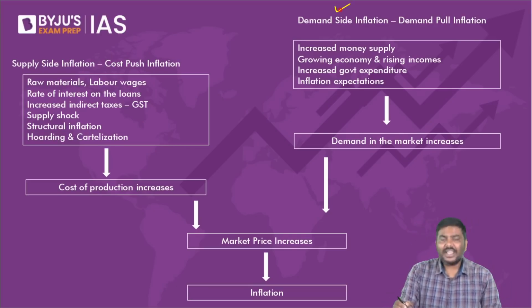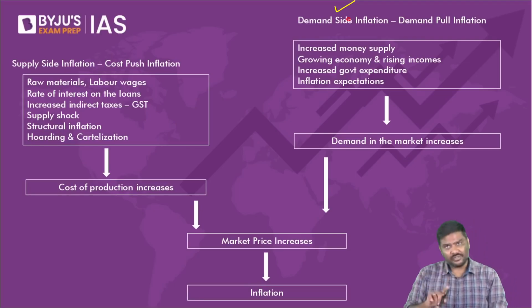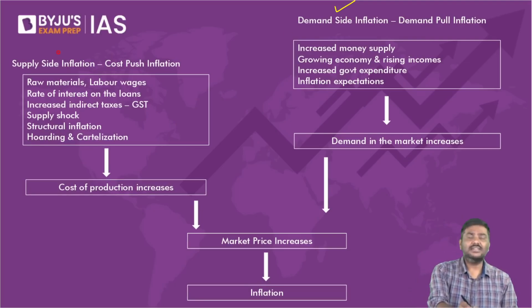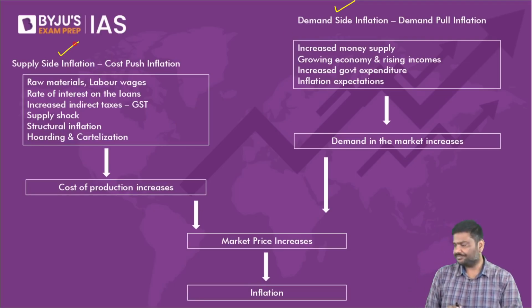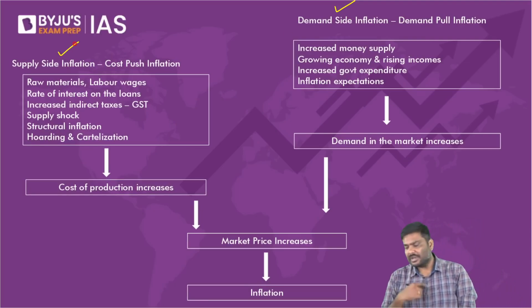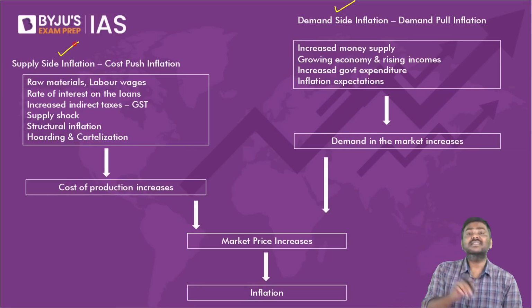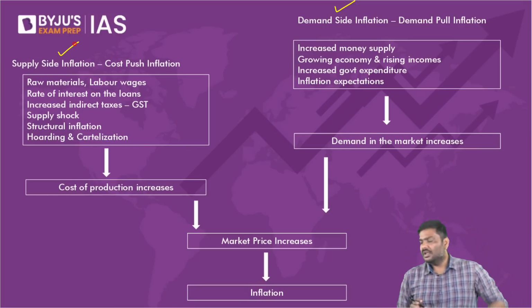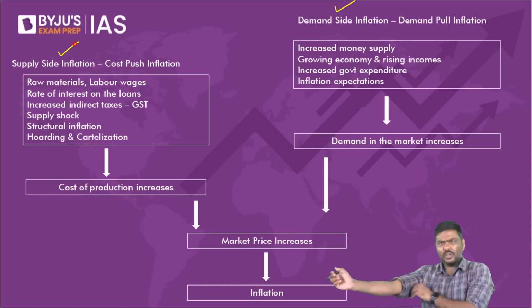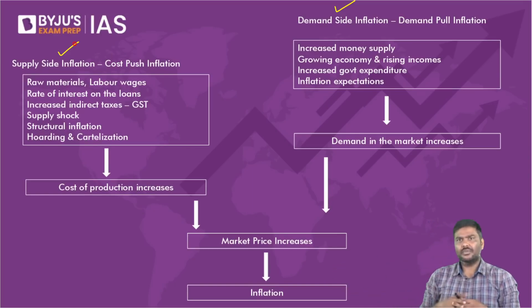Now, inflation can be caused because of demand side factors as well as supply side factors. Many of you will ask me, sir, what do you mean by demand side factors? Let me ask you a very simple question.